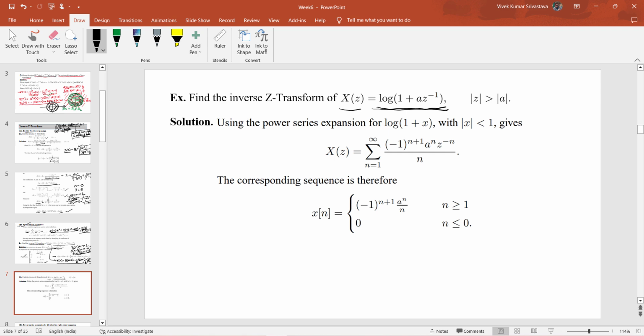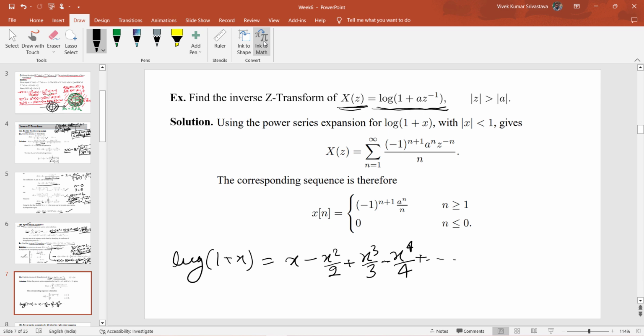Now we have to take an inverse here. For that we will use the power series expansion, because as we know that log of 1 plus x is defined as x minus x square by 2 plus x cube by 3 minus x raised to the power 4 by 4 plus dot dot dot and so on.